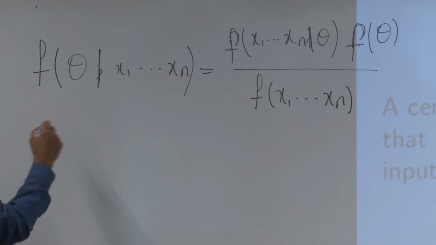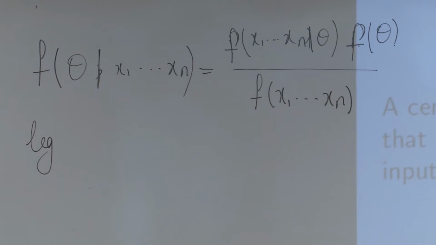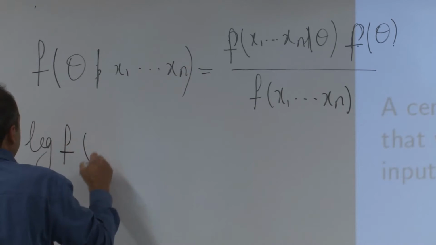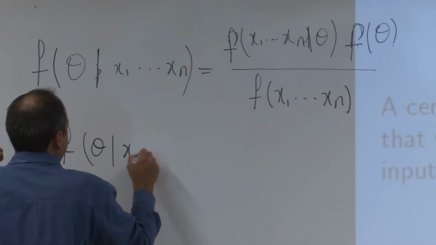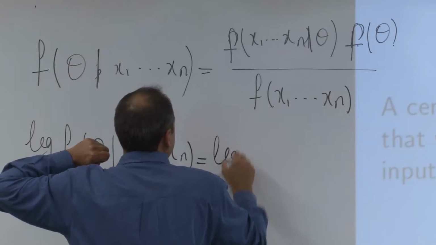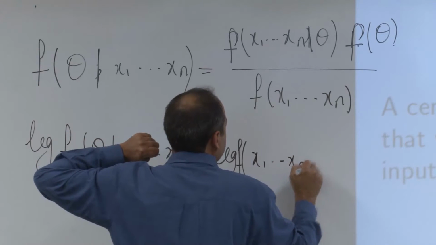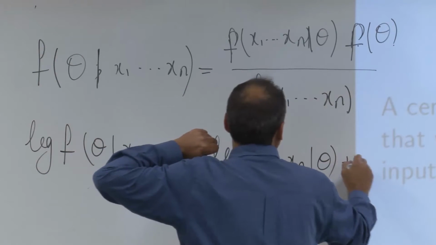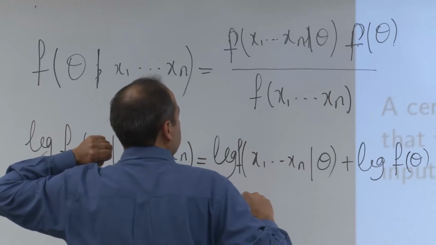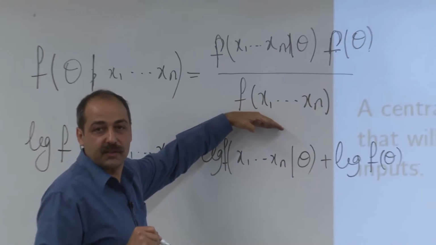If I take the log of this, because instead of maximizing this, I can maximize the log of the posterior, this is going to be log of x1 to xn given theta, plus log of my prior over theta, minus log of the marginal, right?